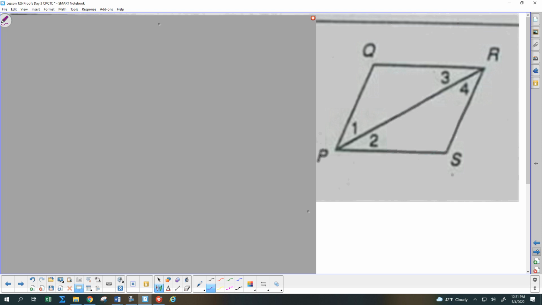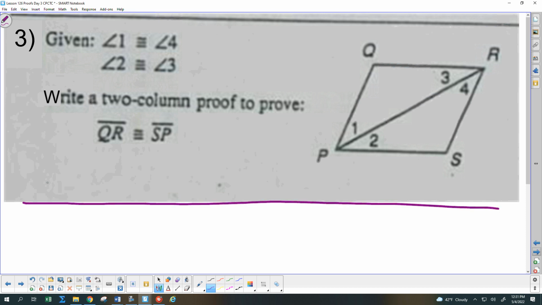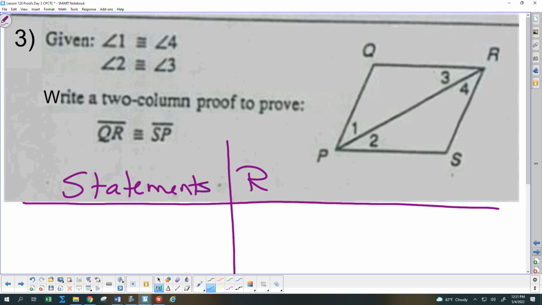It's just going to let me do a little bit less writing. And once you have that copied, including the letters and the numbers, we can start our T-table, statements, and reasons. And you know by now we're going to start with our givens.